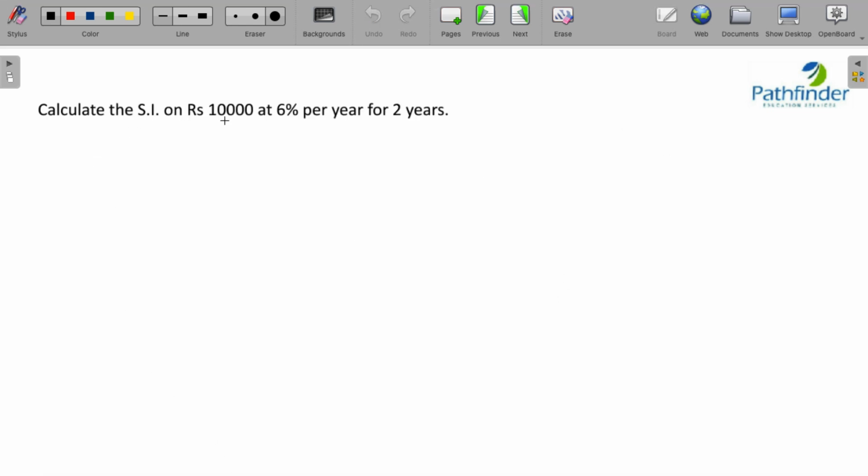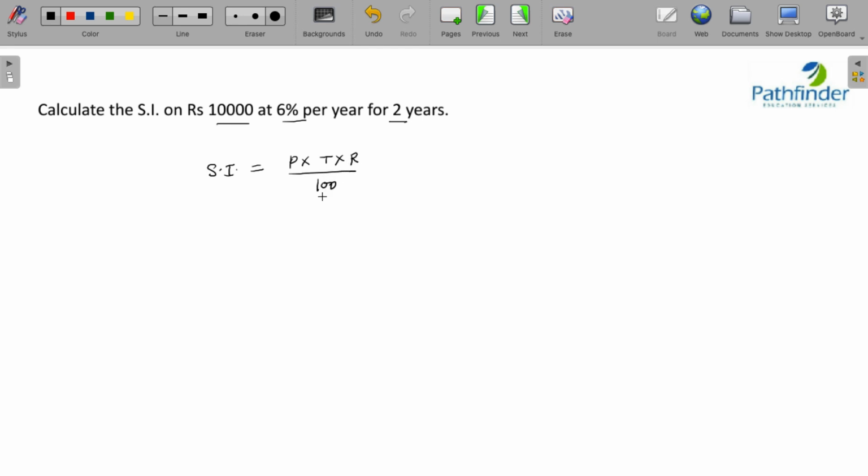So calculate the simple interest on rupees 10,000 at 6% for 2 years. So we have the simple interest formula, P into T into R upon 100.